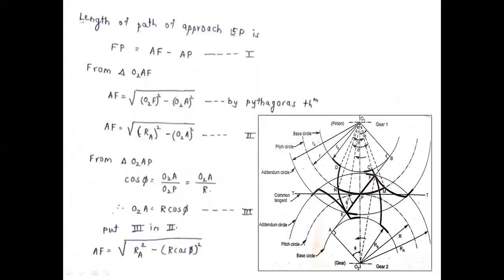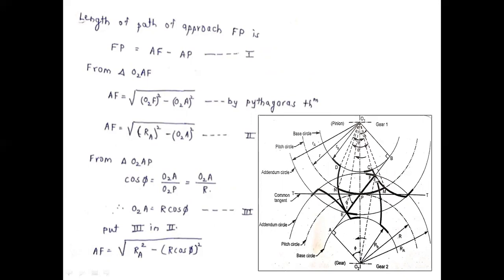Now the length of path of approach FP. First we have to find the length of FP. For finding the length of FP, we are considering triangle O2AF.